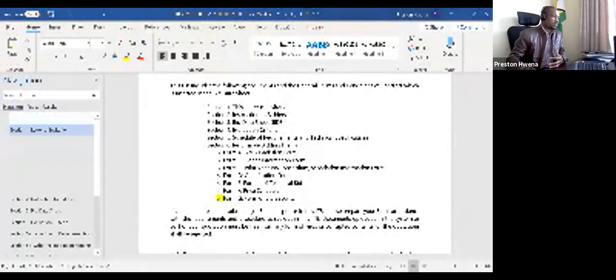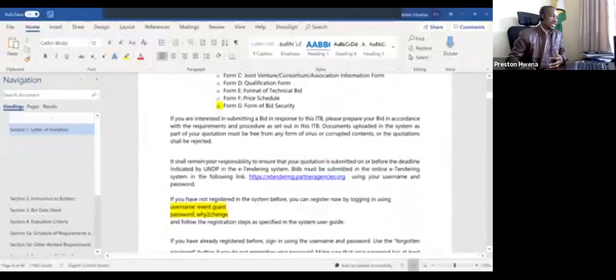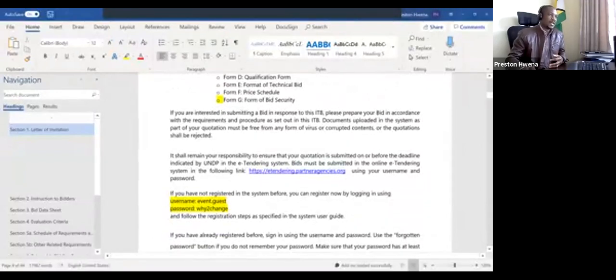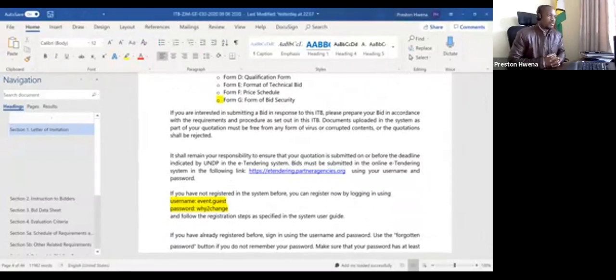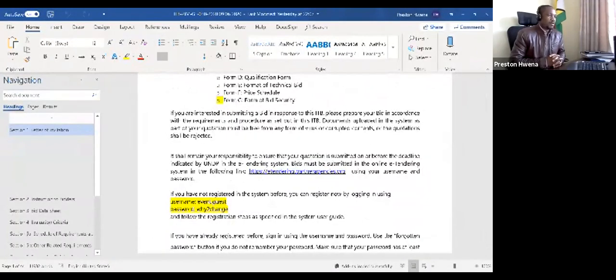But one thing I wanted to point out is this section of the invitation letter: if you are interested in submitting your bid response for this ITB, please prepare it in accordance with the requirements and procedures set in this ITB. In most cases, we have problems with bidders submitting insufficient or incomplete documents, which sometimes leads to disqualification, especially when we look at mandatory documents.